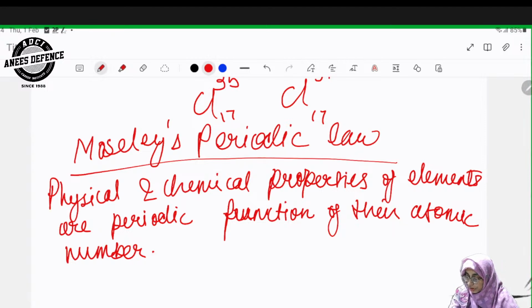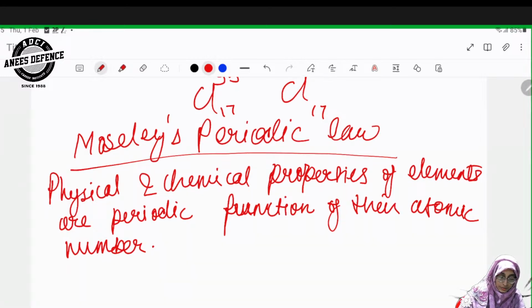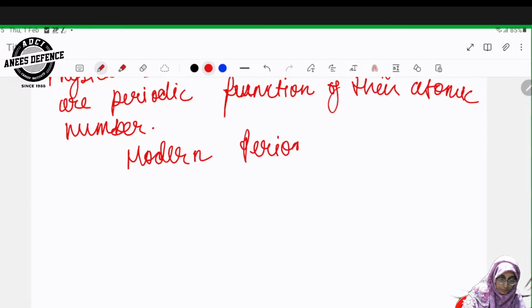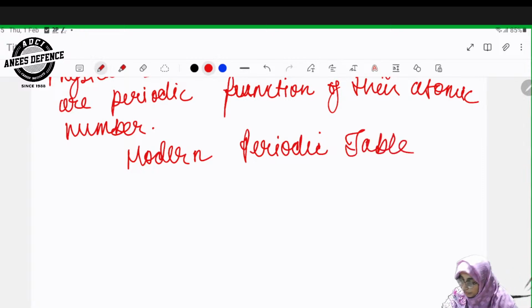Now this modern periodic table is a collection of elements with comparable properties. What happened here?